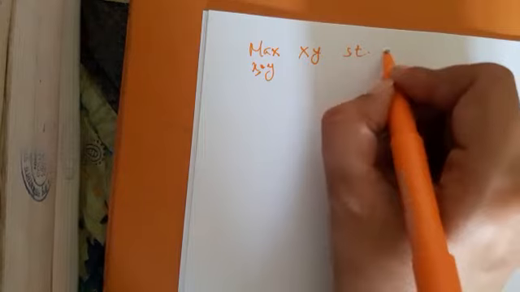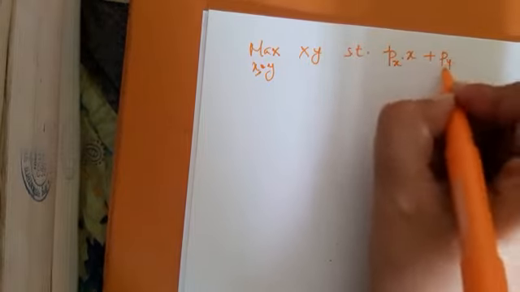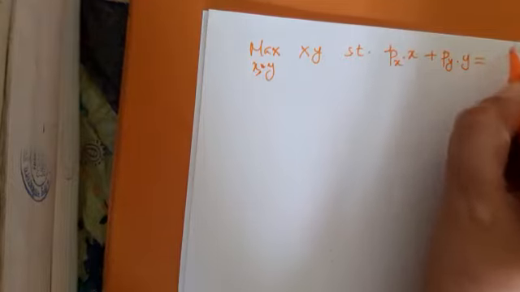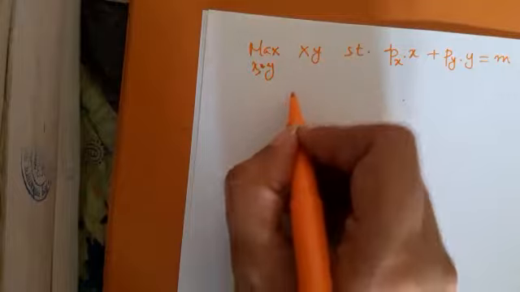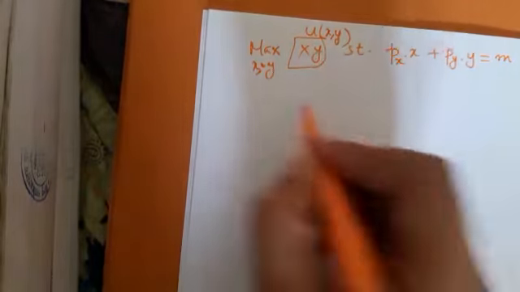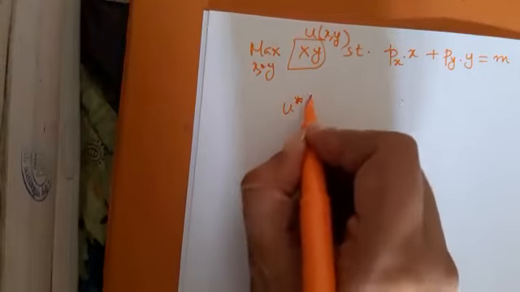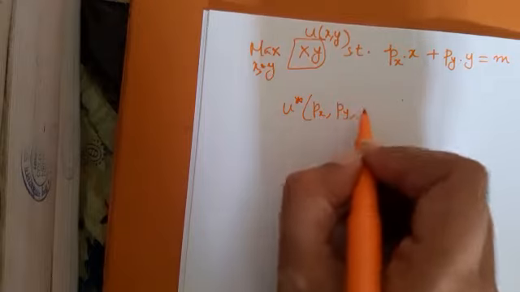Let's keep things very general, such that the price of x times x plus the price of y times y is equal to, let's take, m. So if I call this my utility as a function of x and y, your optimal value function would be a function of the parameters px, py, and m.